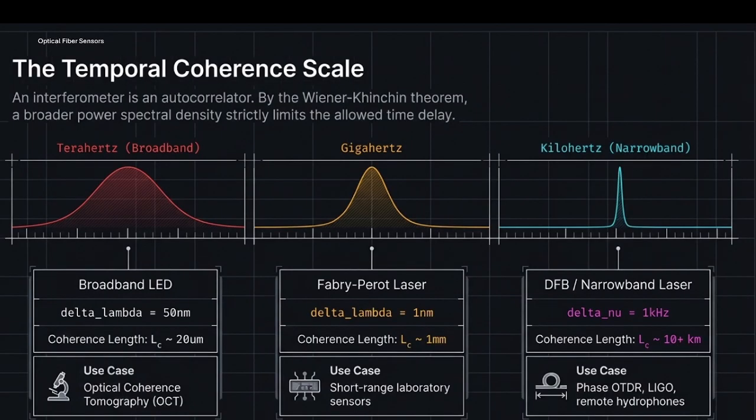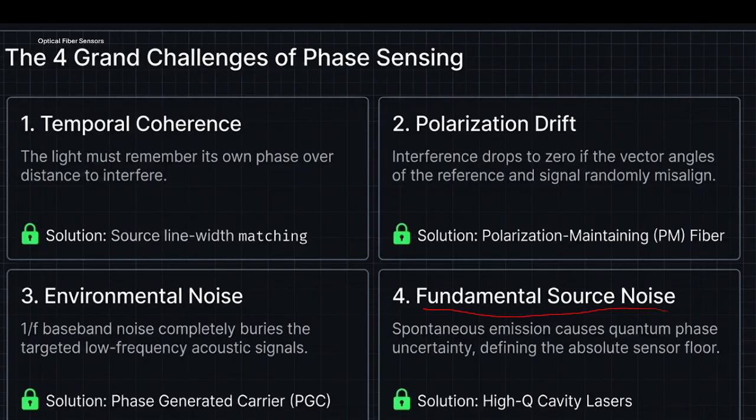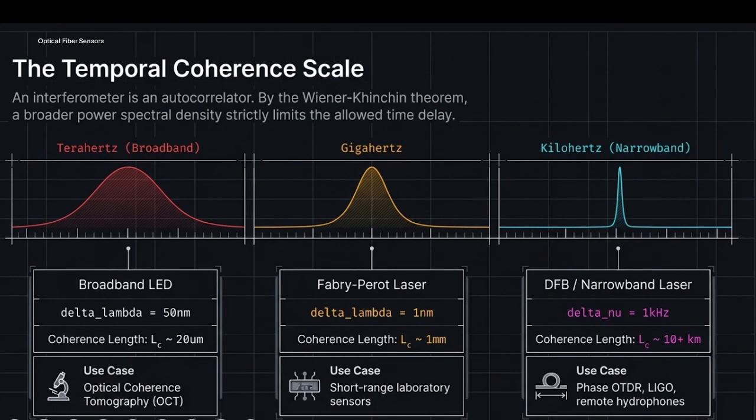Then we discuss temporal coherence, whatever we discussed here in detail, where terahertz, gigahertz, and kilohertz signals we discussed, and how the broadband LED, Fabry-Perot laser, and DFB, a very narrowband laser, can be utilized for different applications.